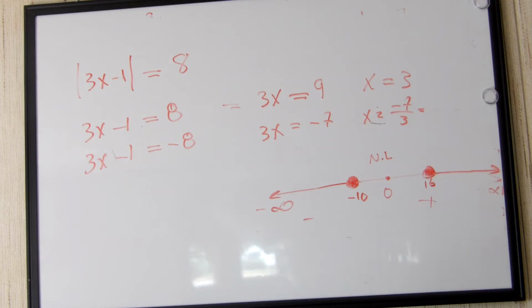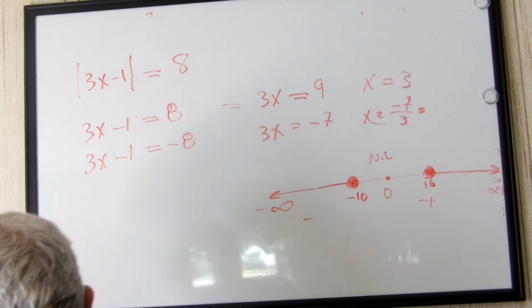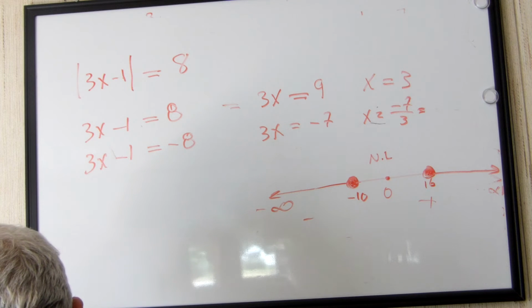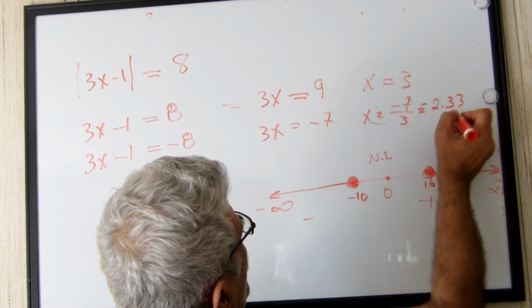Let's find it by decimal numbers. It's going to be minus 2.33.